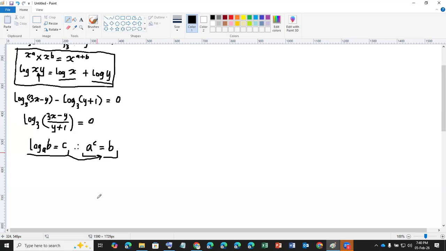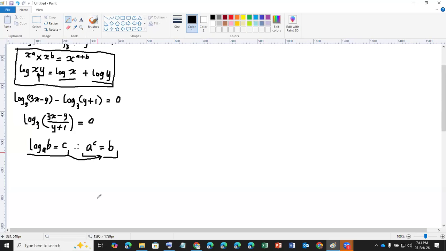Remember, another name for logarithm is power. First I'll read it as logarithm: the logarithm of b to base a is c.